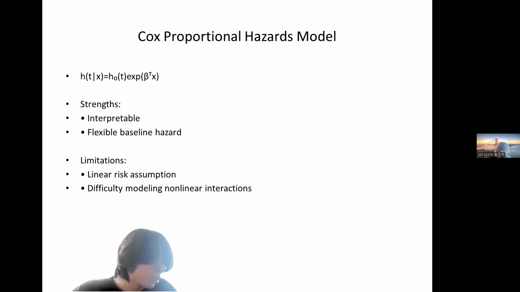As machine learning became more popular, researchers naturally began asking whether more flexible models could improve survival prediction performance. So, the natural question becomes, can we replace the linear component of the Cox model with something more flexible? This is where DeepSurv comes in.